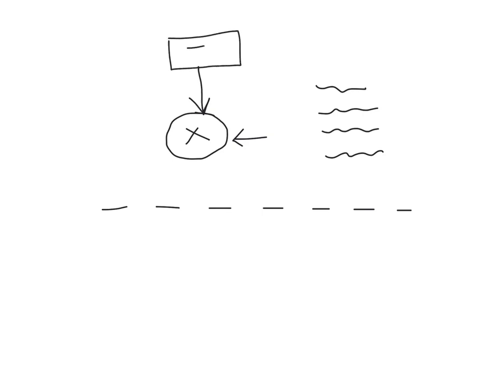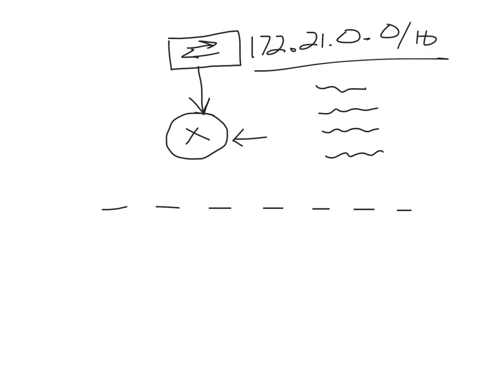from the DMZ switch, the 172.21.0.0/16 network. We came in here, and now there's devices down here, and in those devices are, I call it, an Easter egg hunt.